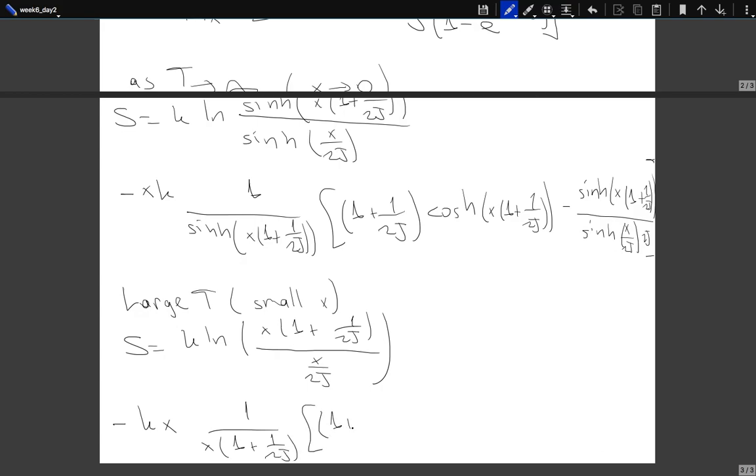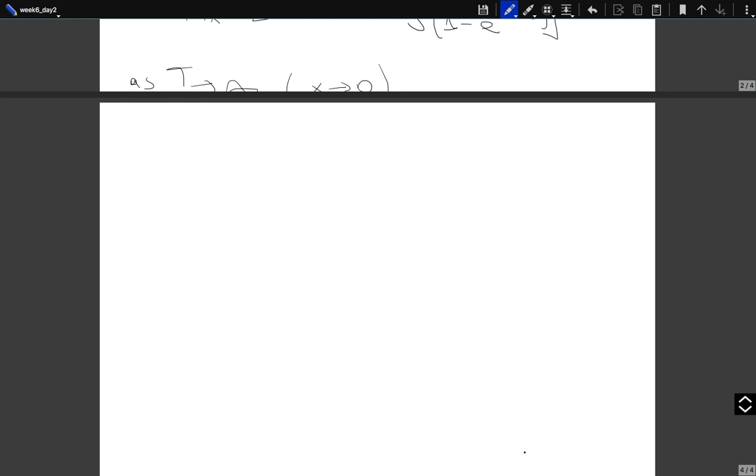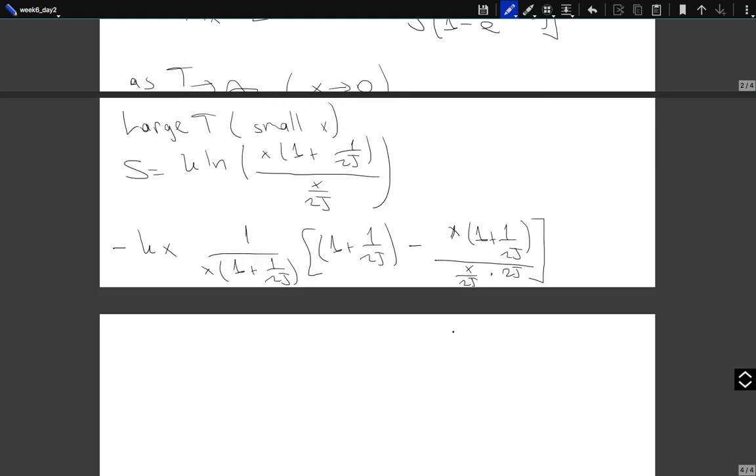Inside we have 1 plus 1 over 2j. Well, cosine hyperbolic just becomes 1 when its argument is very small, minus x times (1 plus 1 over 2j) divided by x over 2j multiplied by 2j. Well, as in the previous case, this 2j is cancelled by this one, this x cancels this one, so all this parenthesis just becomes 0.